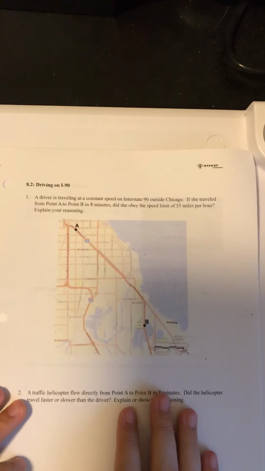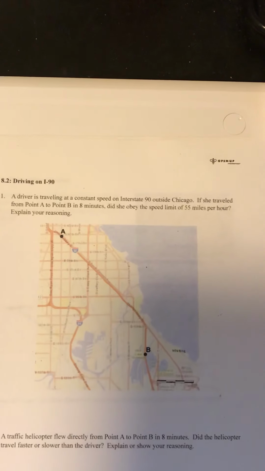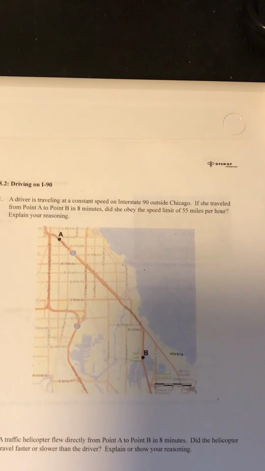And our next activity is going to be driving on I-90, so I apologize, I did not have that out in the right order. So it says a driver is traveling at a constant speed on Interstate 90 outside Chicago. If she traveled from point A to point B in 8 minutes, did she obey the speed limit?